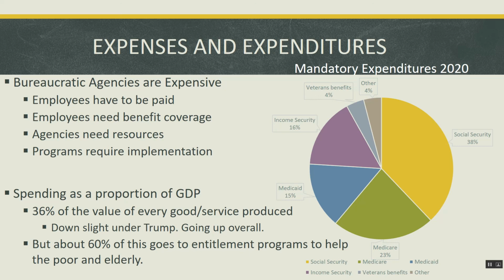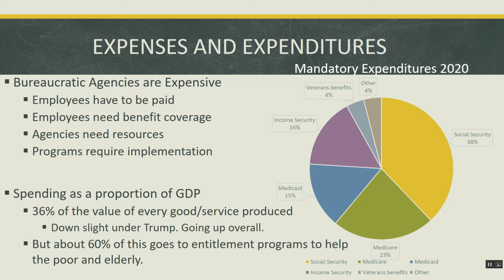Altogether, these programs to help the poor and elderly are going to make up about 68% of the spending in our country. Add on top of that an additional 16% for income security, and an additional 4% for veterans benefits. And what you're going to find is that when we're looking at mandatory expenditures in our country, they're not going to the military, or at least not predominantly.